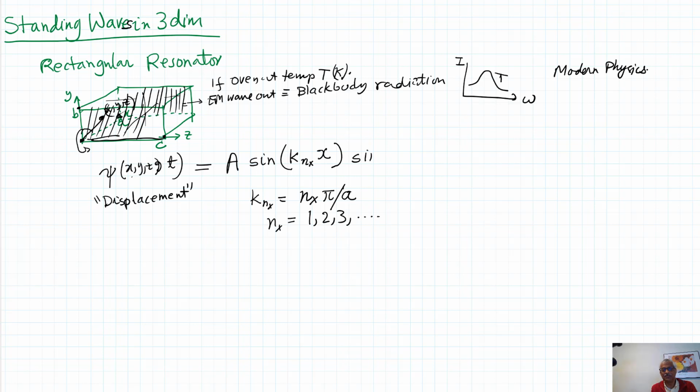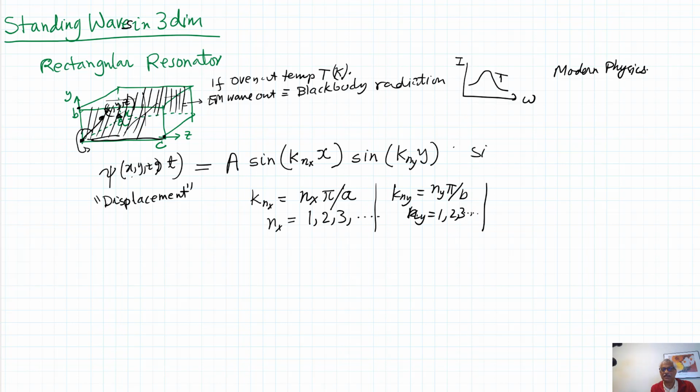Then a very similar thing is going to happen along the y-axis. Why not? K in y is supposed to vanish when y is b, so it will be ny pi over b, and this ny will again be 1, 2, 3, etc., right?